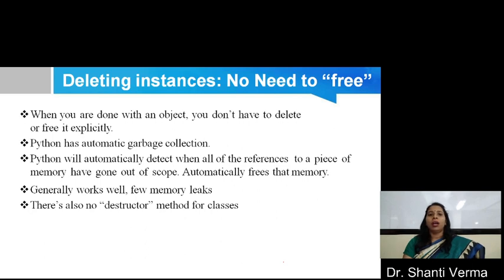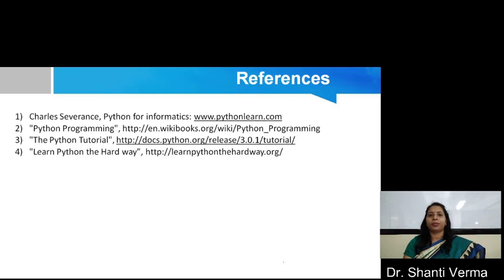Python has automatic garbage collection, so Python will automatically detect when all of the references to a piece of memory have gone out of scope, and if these objects are out of scope, it automatically frees the memory. This generally works well, but a few memory leaks are also possible. So there is no destructor for classes in the Python language.